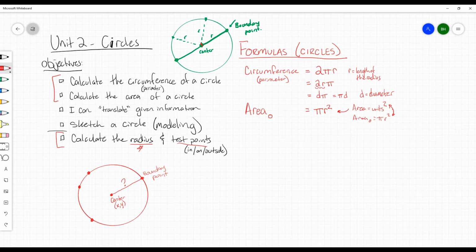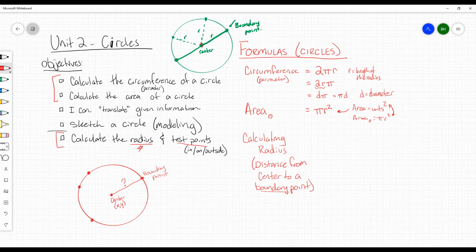Well, if you refer to the other video dealing with coordinate geometry, you may know that calculating the radius is the same as finding the distance from the center of the circle to a boundary point.